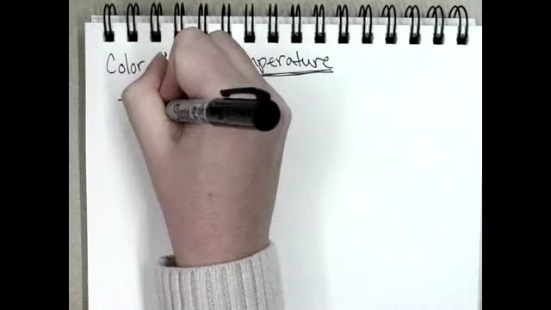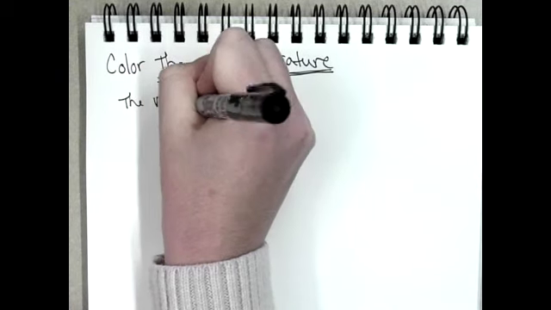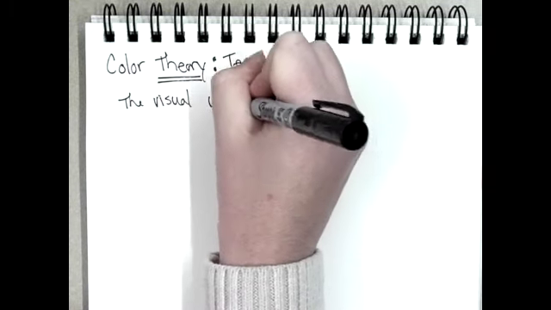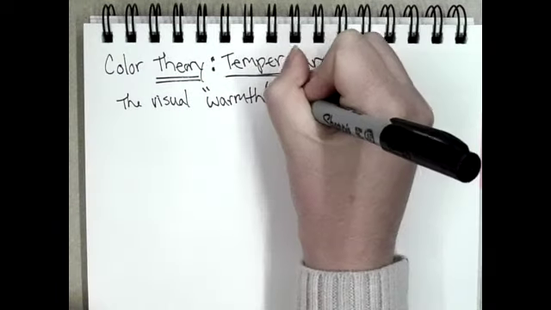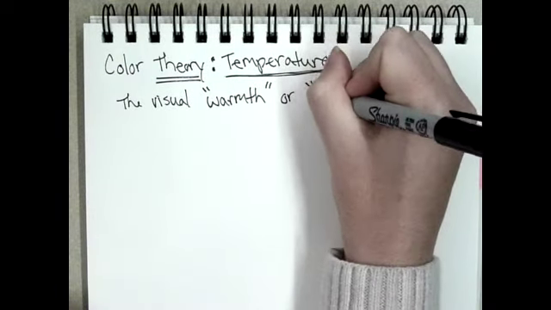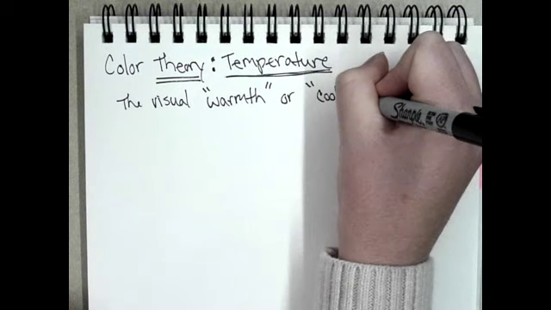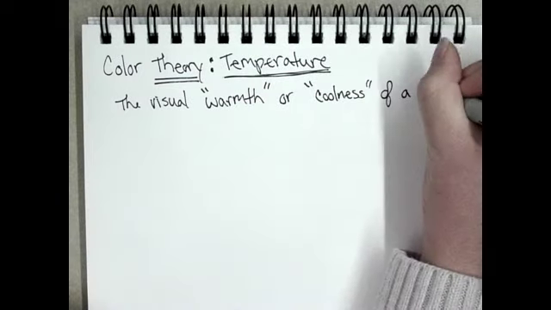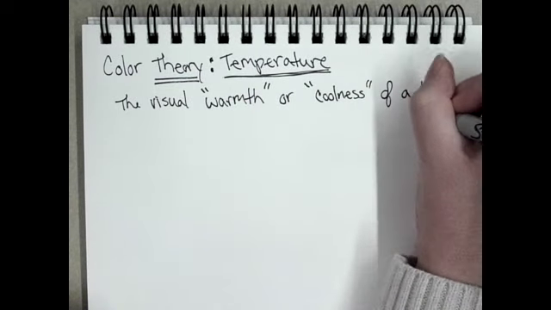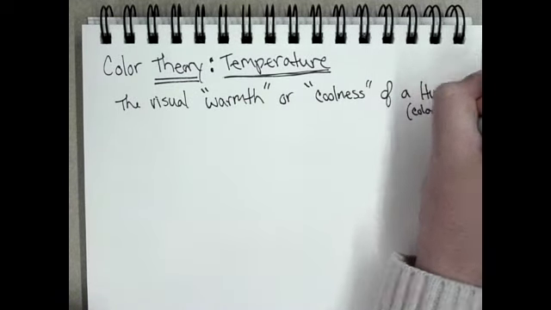which is the visual warmth or coolness of a hue. Hue is another word for color.